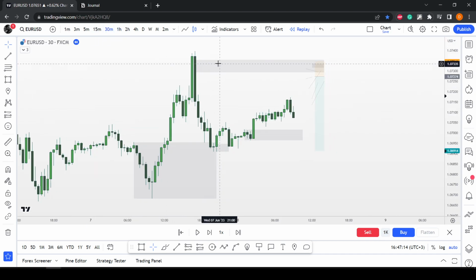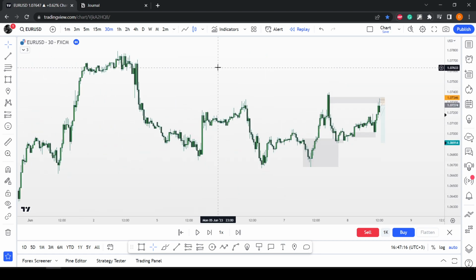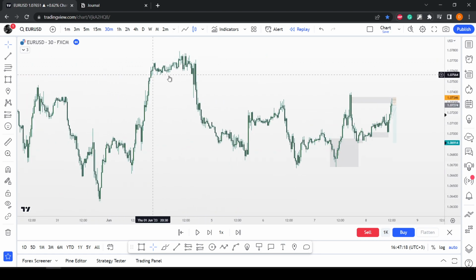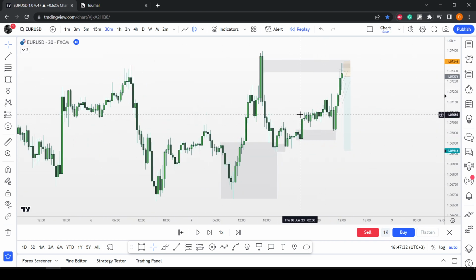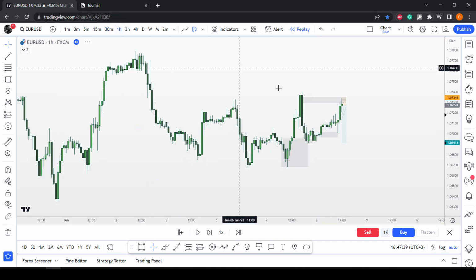The biggest problem with this kind of setup is that overall, as you can see, it is quite rangy. I mean, it could go, but if you look structurally, sorry, by the way, it was on 2 hours.